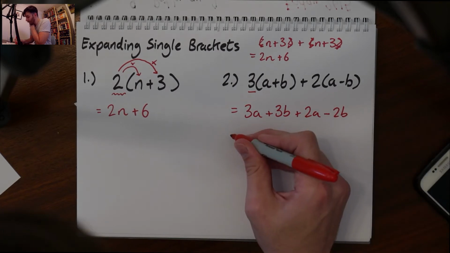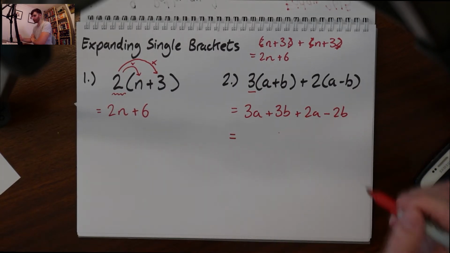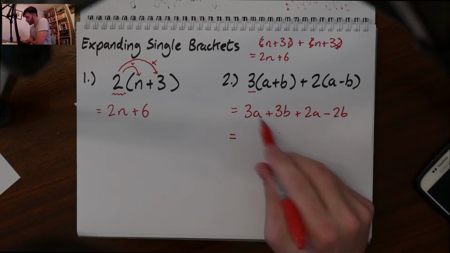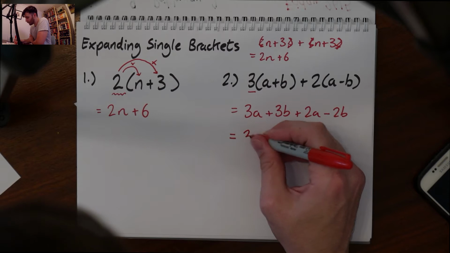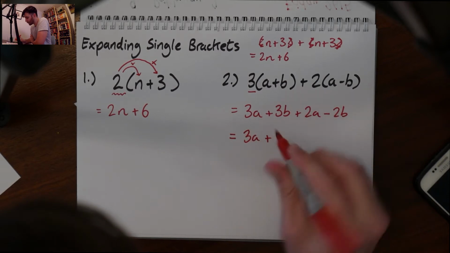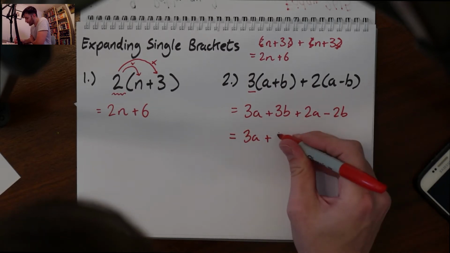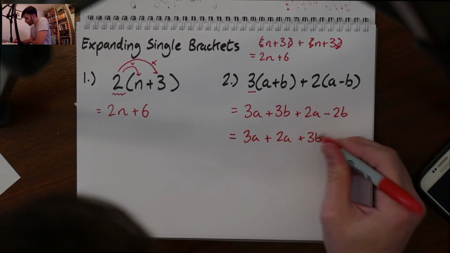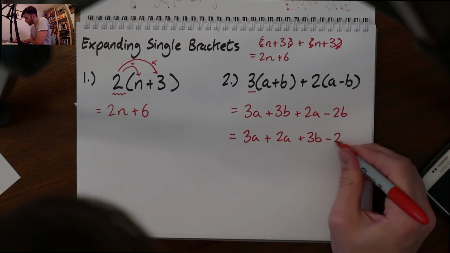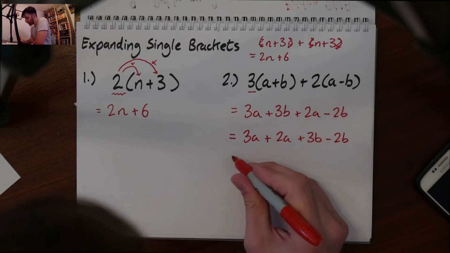Now this is where the collecting like terms simplifying bit comes into play. So I'll just reorder it first because I've got different things that I'm adding together, so the order that I write in doesn't matter too much. I'm going to go 3a first, I'm going to add this 2a, I'm going to add this 3b, I'm going to subtract this 2b. So now I've got my different variables together in the same places.